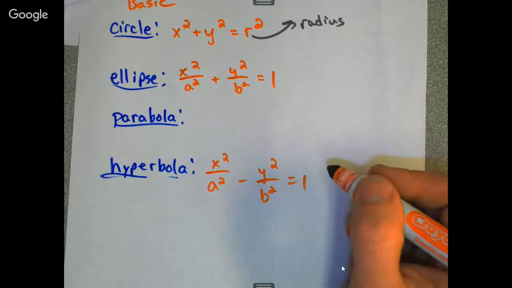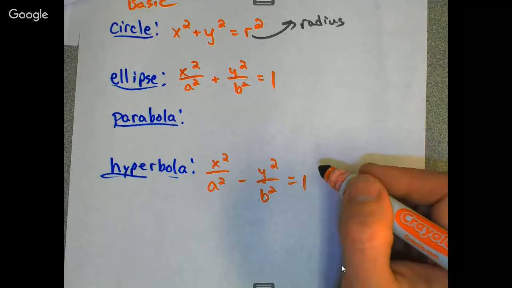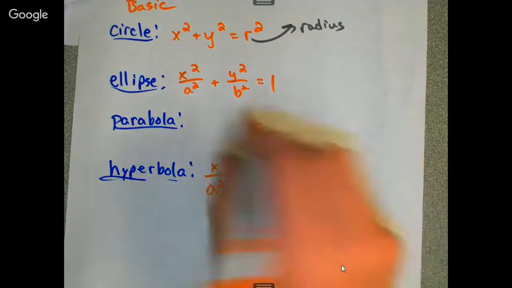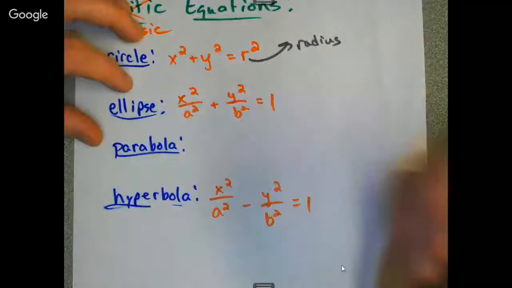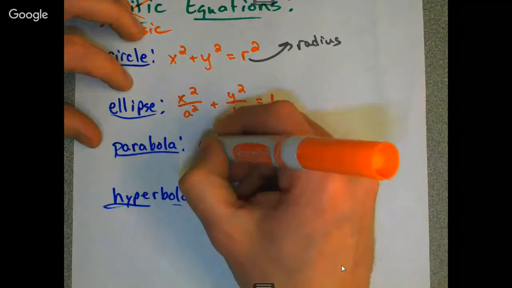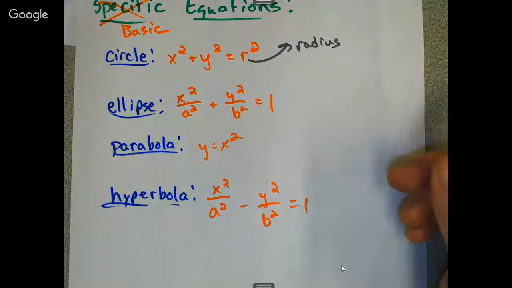And then with a parabola, okay, a parabola is just with anything, anytime x is squared. So we might have like y equals x squared. That's a pretty basic parabola.